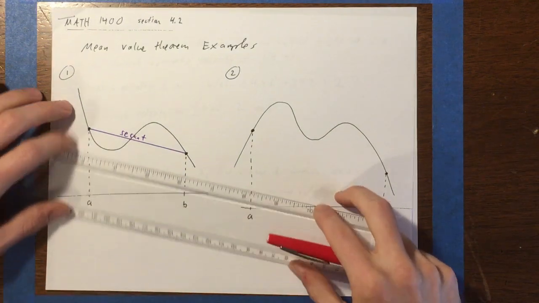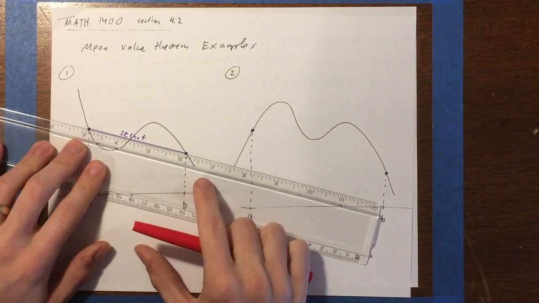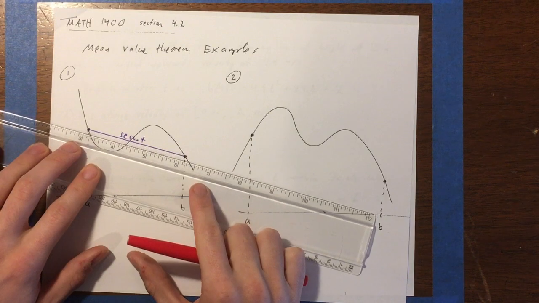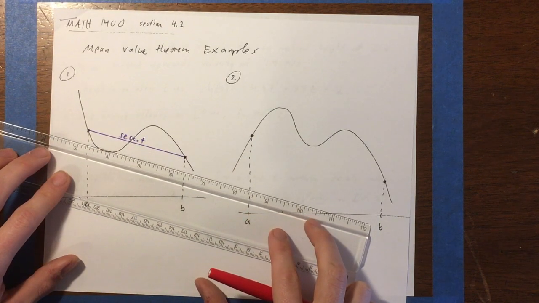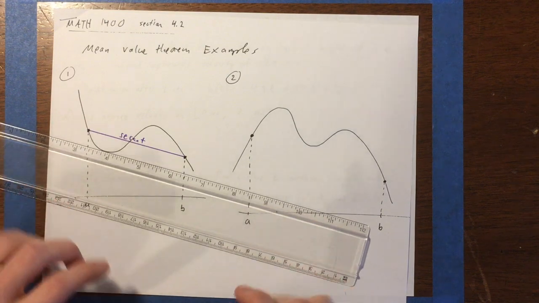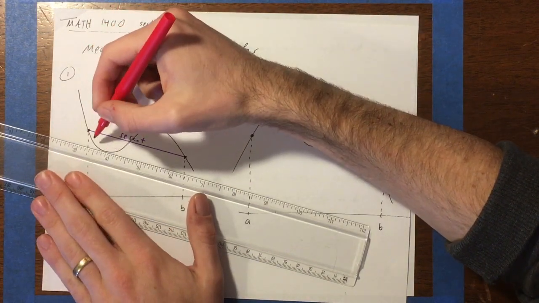Now what I want to do is find a tangent line which is parallel to this secant line. So I'm going to move my ruler away and keep it parallel, and I'm looking for a point on the graph where the line looks tangent. That's going to occur right about there. You can see it's just touching the edge of the curve.